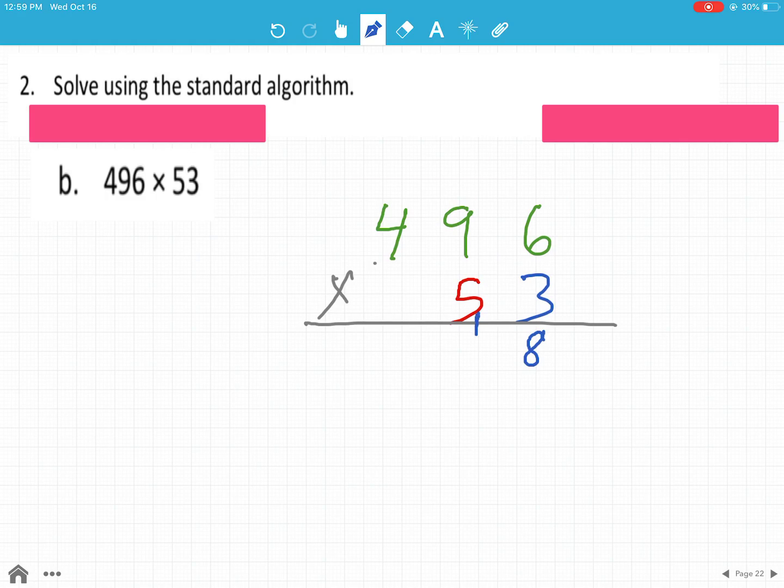I'll put a 1 here. And I'm going to multiply 3 times 90. 3 times 9 is 27, plus the 1 is 28. And I used that, so I'm going to cross it out. Now I have 3 times 4 is 12, plus 2 is 14, excuse me.